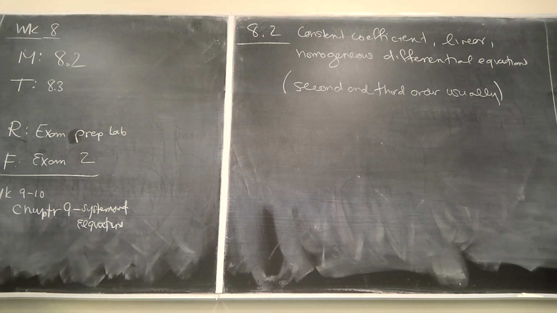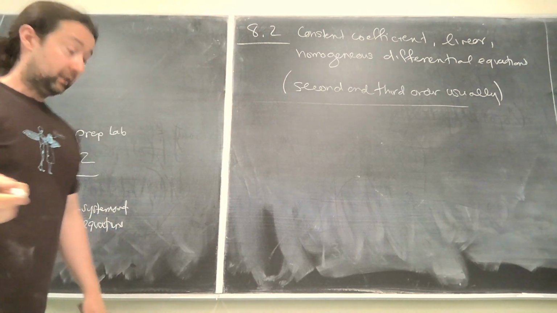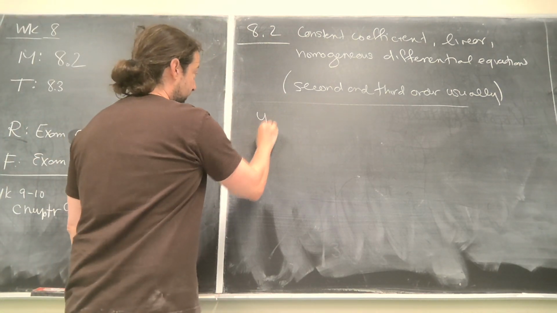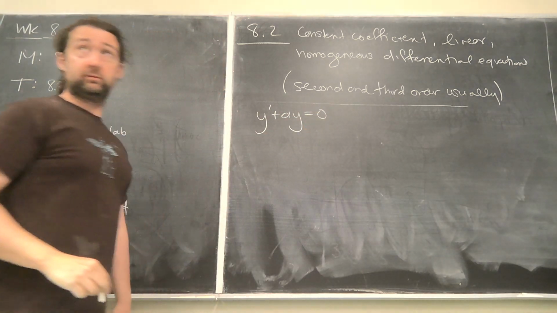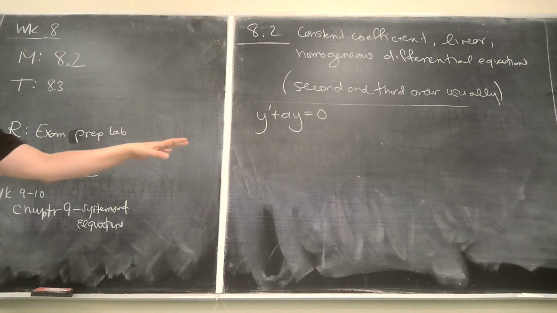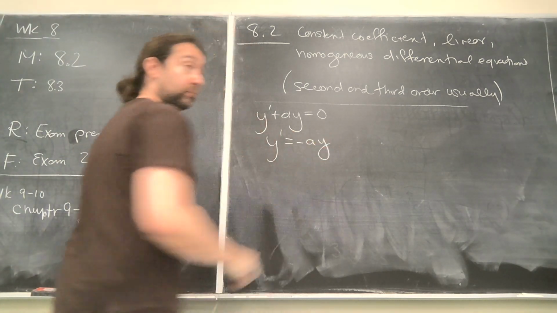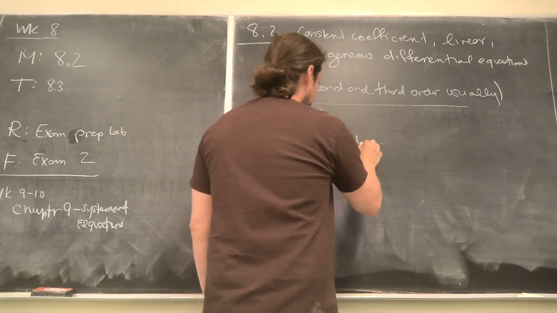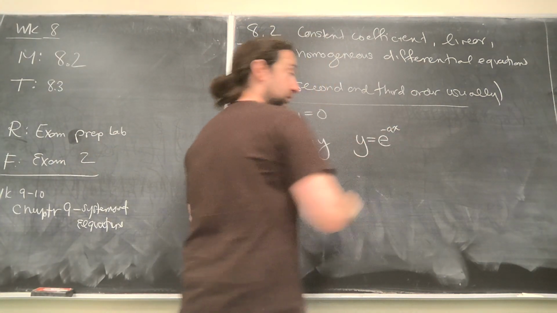The basic observation, and the method we're going to use for this entire thing, is that if I have a first order equation that looks like y prime plus ay is equal to 0, then y prime is equal to minus ay. By observation, you can see that the answer should be y is equal to e to the minus ax.